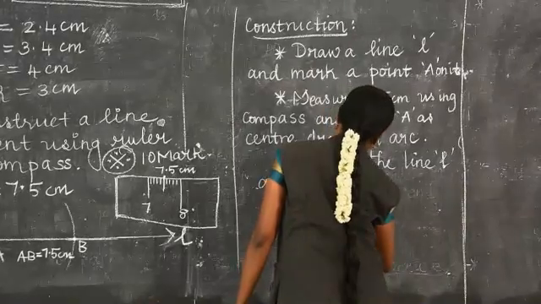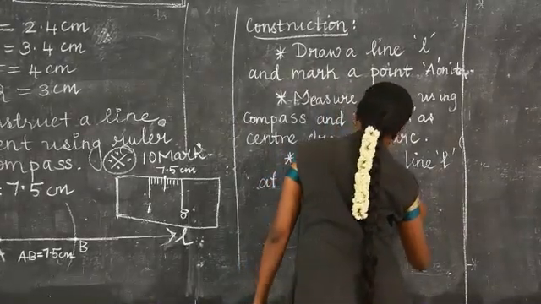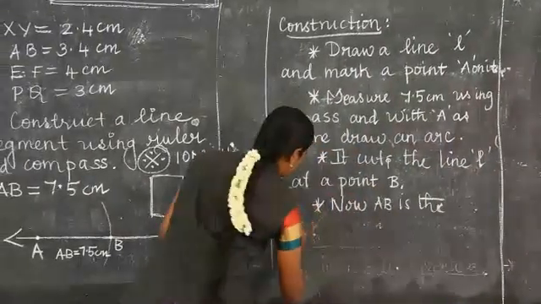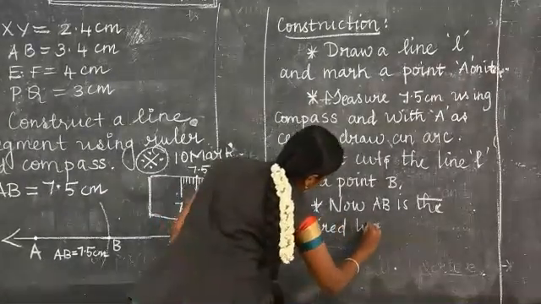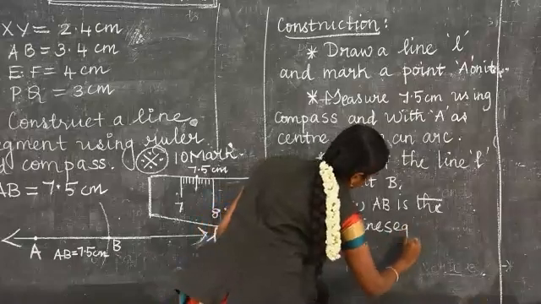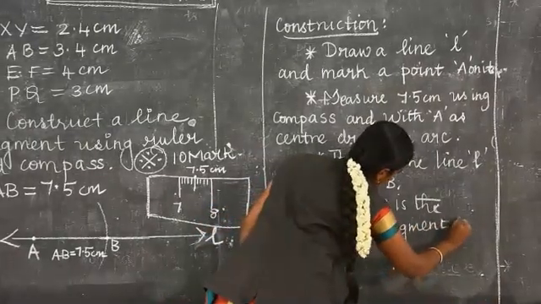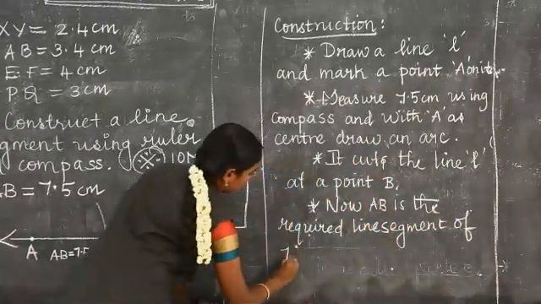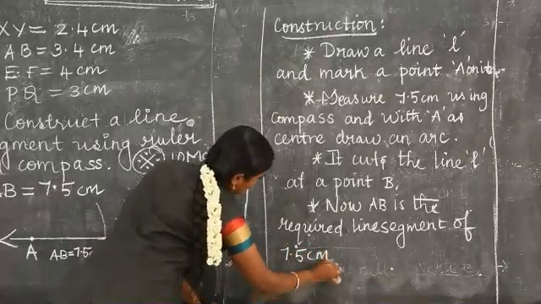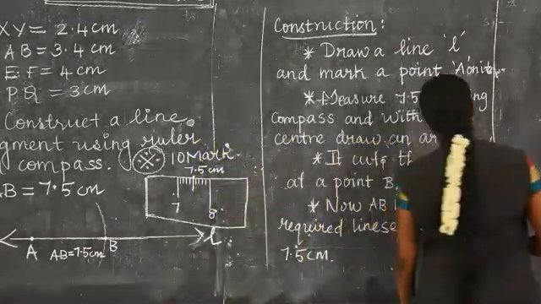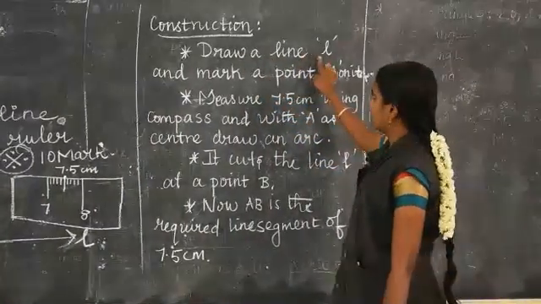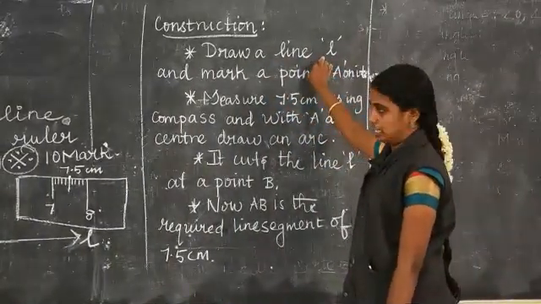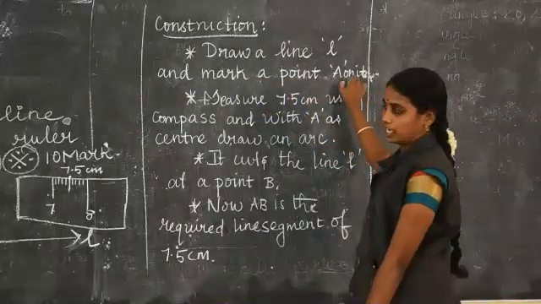Now AB is the required line segment of 7.5 centimeter. Okay, now listen to me. Whatever we have done, these are only the steps of construction. Draw a line L and mark a point A on it.